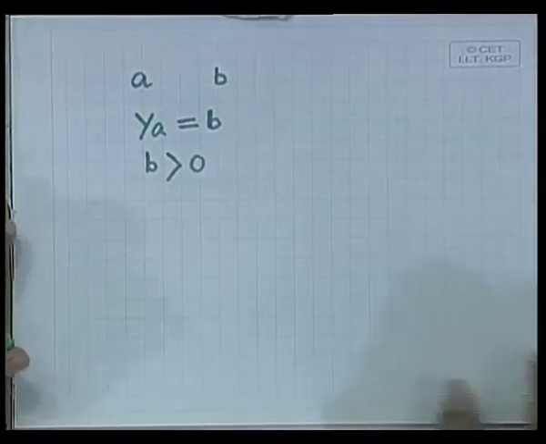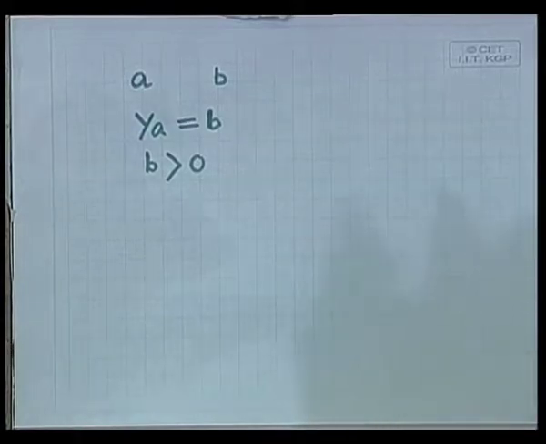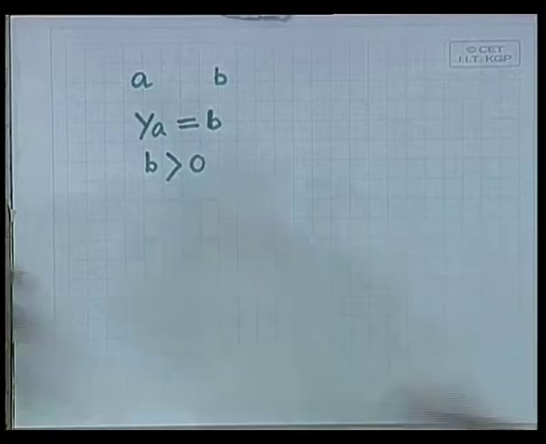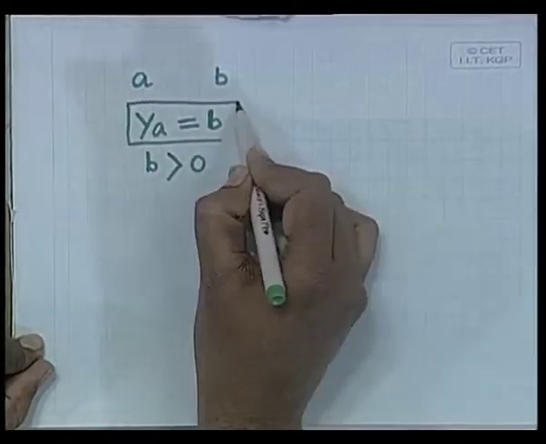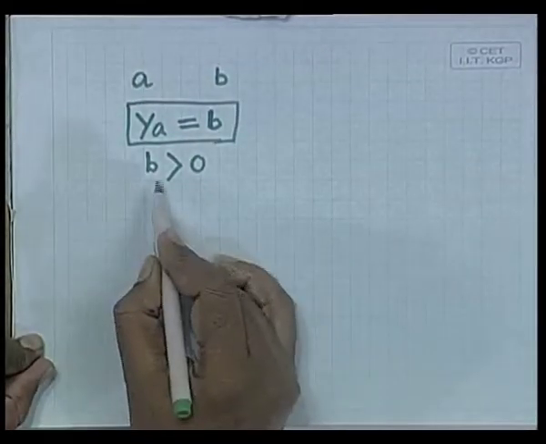We did not have any such constant when we talked about the minimum squared error criteria function. So, if the classes are actually linearly separable, it is possible to have a weight vector A and a margin vector B, where this equation will be satisfied, that is Y A is equal to B, where B is greater than 0.